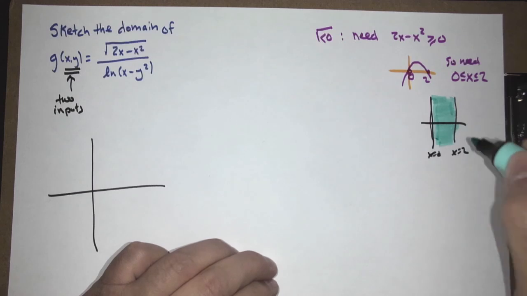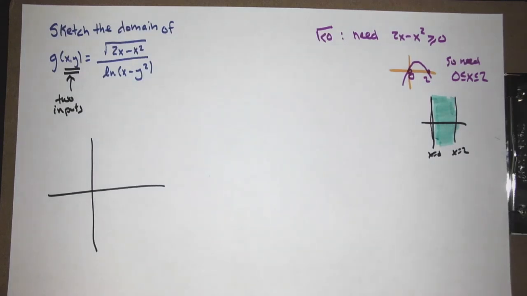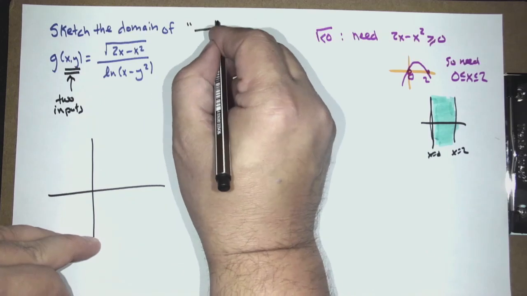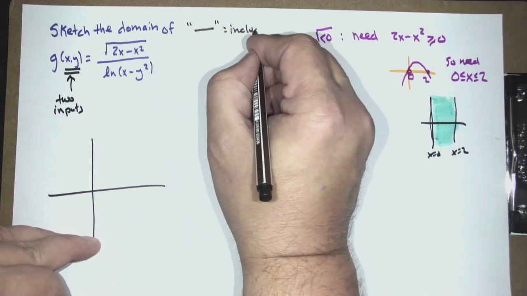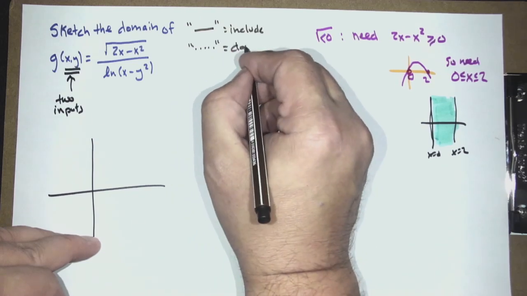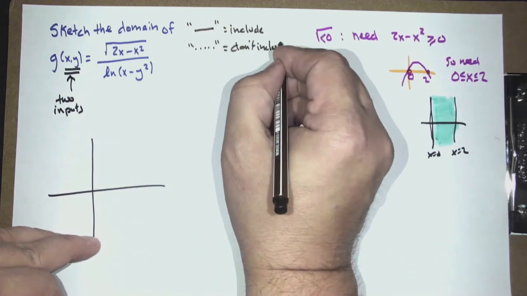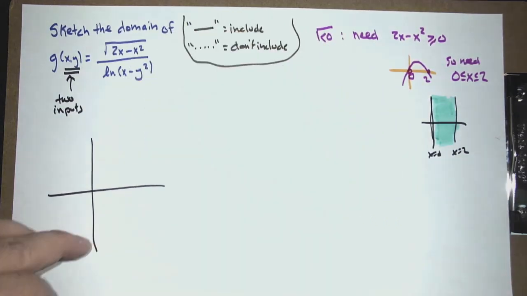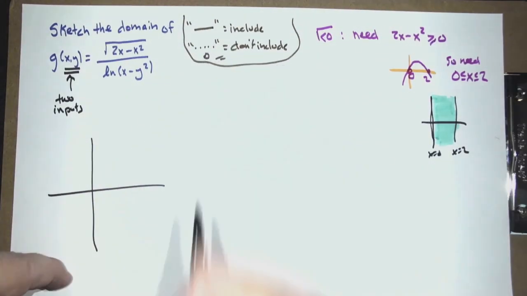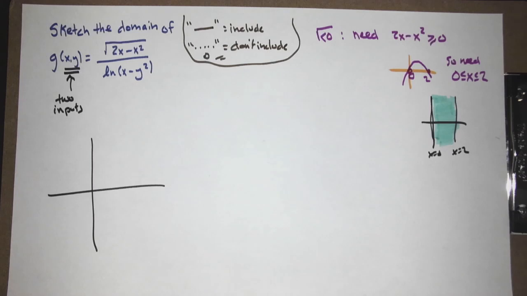A solid line equals include, and a dotted line equals don't include. So there's sort of things on the edge. Also, a circle equals don't include. All right. So there we go. We've taken care of the square root issues. Are there any other problems that we need to take care of?